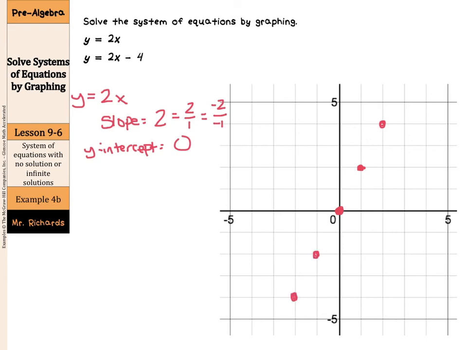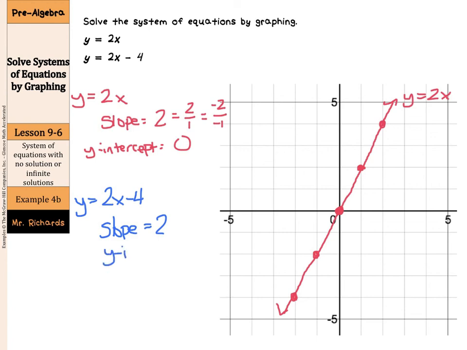And we can connect these and label this graph y equals 2x. Now what about our next graph? y equals 2x minus 4. Well, here we have a slope, once again, of 2.